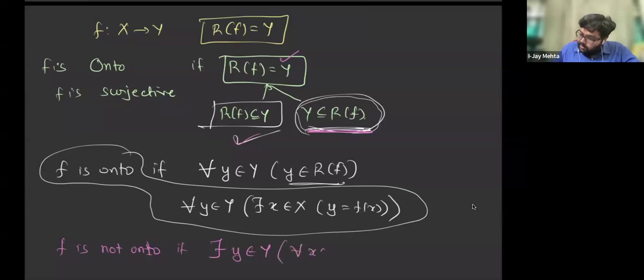You look for all x, but you will never find f of x equal to y. So if you want to say that a function is not onto, give me any y such that given any x, y is not equal to f of x. Y does not have a pre-image.